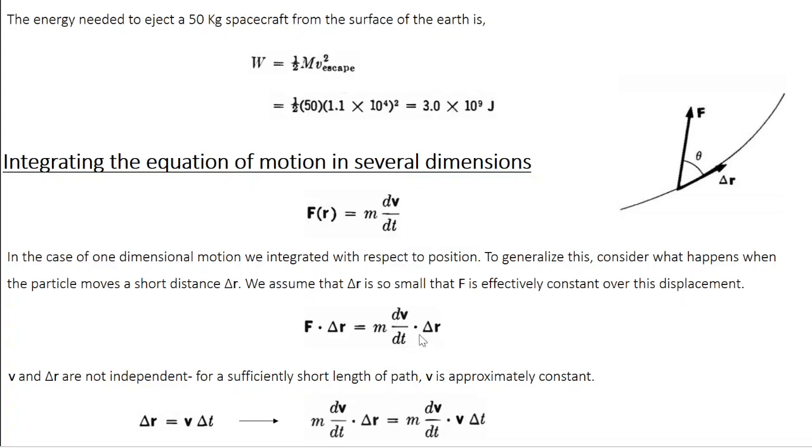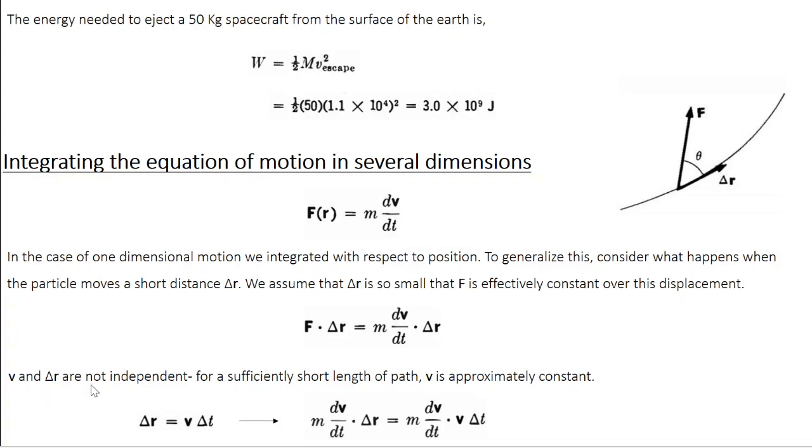I hope you know the meaning of dot product. If you take dot product of two vectors A and B, this is magnitude of A multiplied by magnitude of B multiplied by cosine of the angle between them. So in this case, F dot delta r is magnitude of F multiplied by magnitude of delta r multiplied by cos theta.